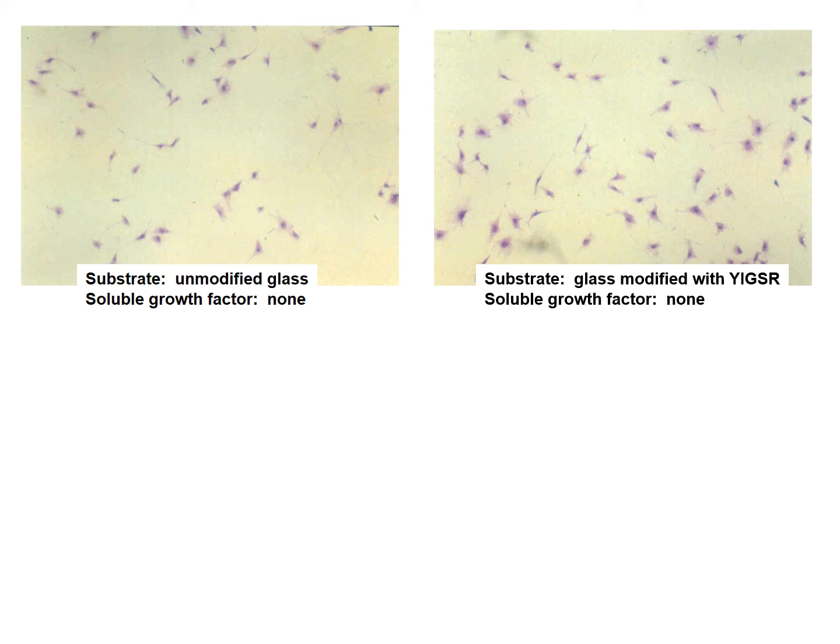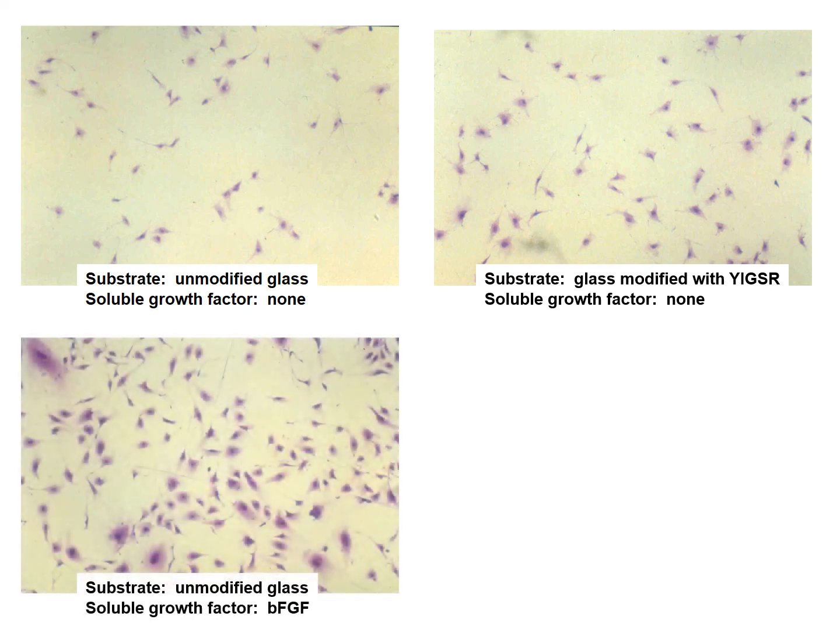For this reason, another experiment was conducted, namely that of stimulating the cells with the appropriate growth factor, basic fibroblast growth factor. On this new frame, you see a micrograph of cells adhering on the surface of the substrate 72 hours following the exposure in the presence of fibroblast growth factor.